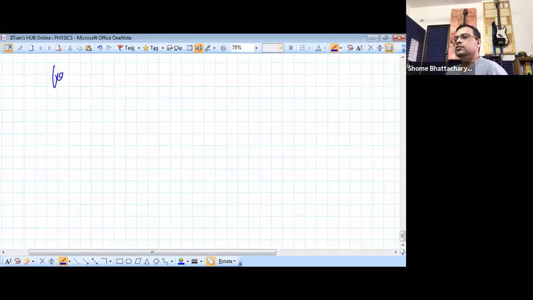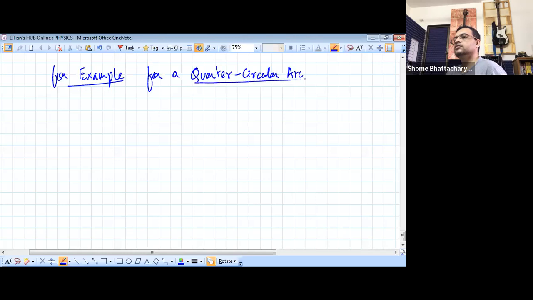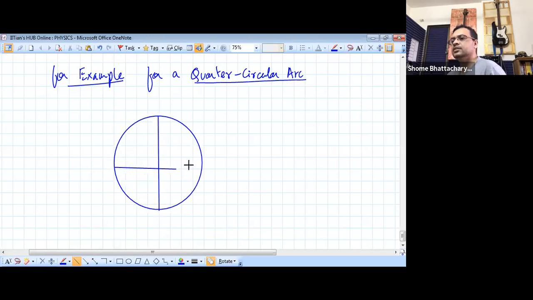So for example, for a quarter circular arc, if we draw a quarter circular arc, you know that the angle subtended is how much? 90 degrees. So in radians, it is how much?